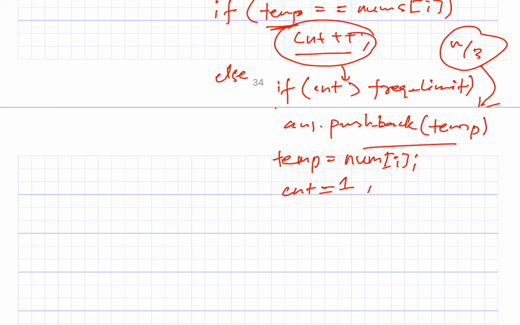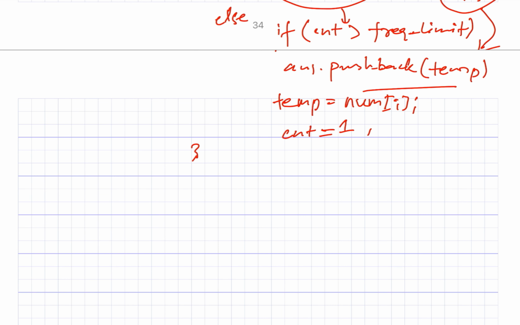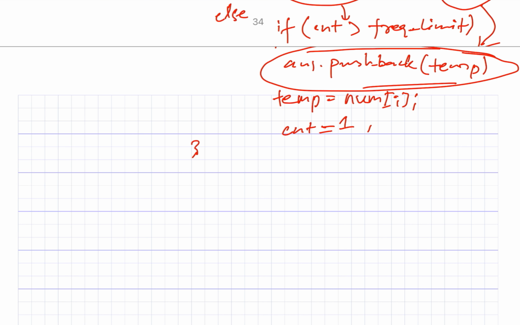We need to also have a check outside the for loop, because if for the last element it is equal to temp and it increases the count, then we will skip this pushback because it is in else. So we need to check once outside the loop.